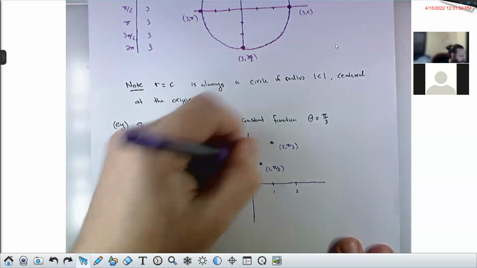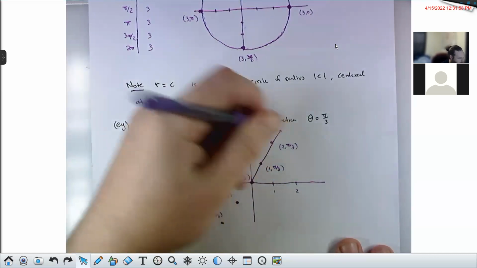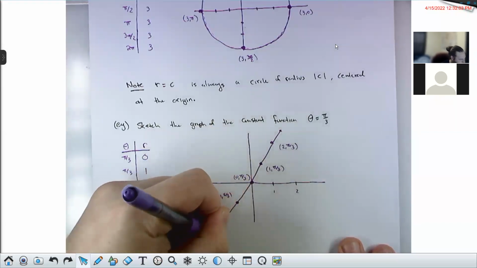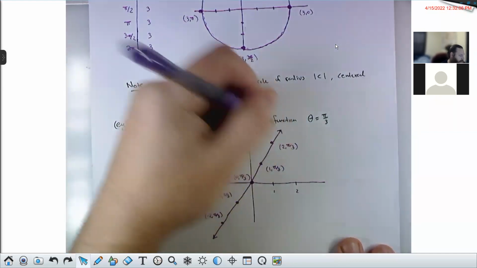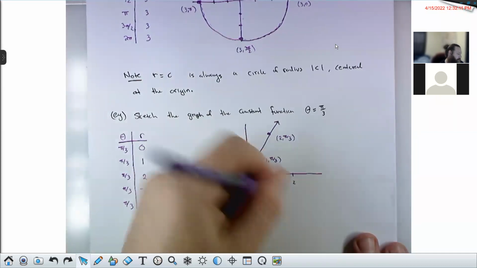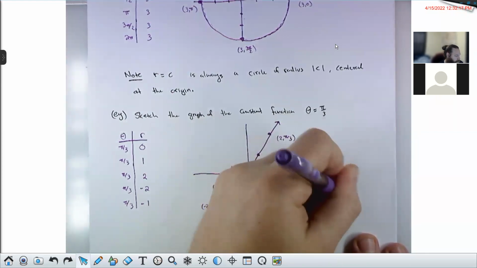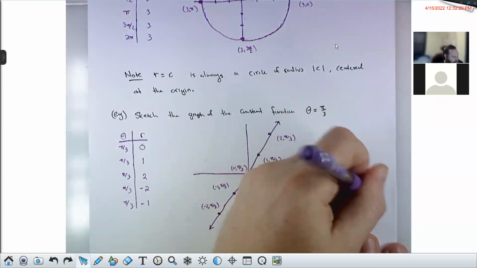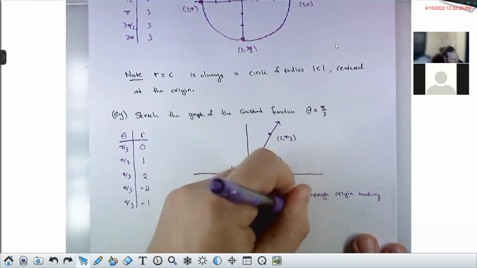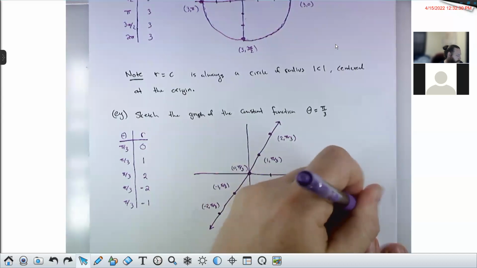This is a line through the origin, making angle pi over 3 with the polar axis.